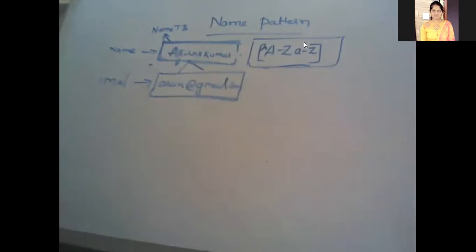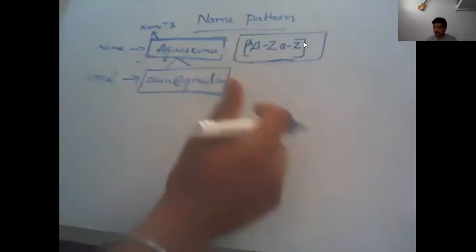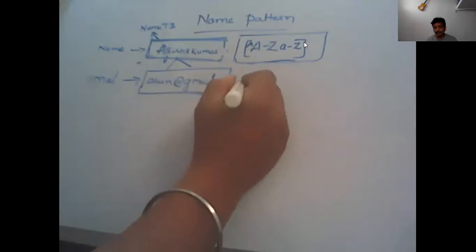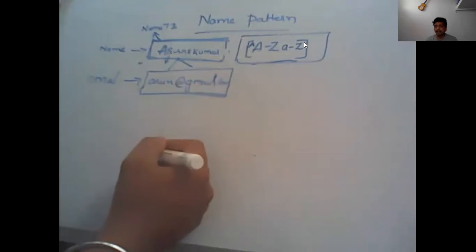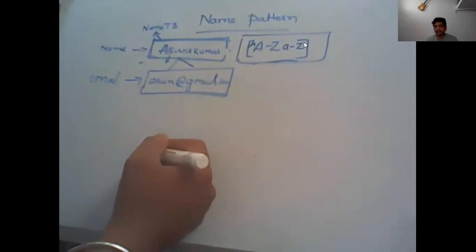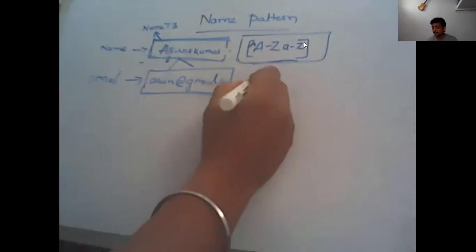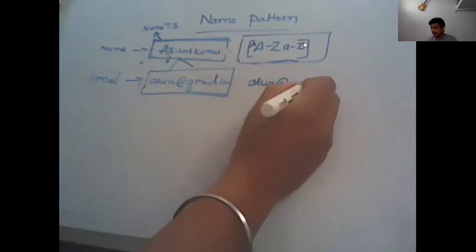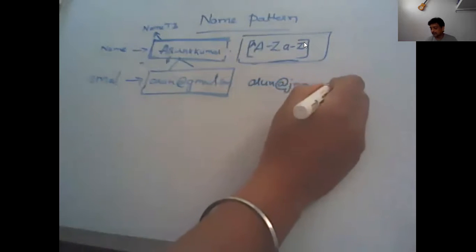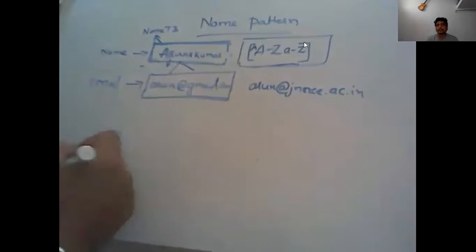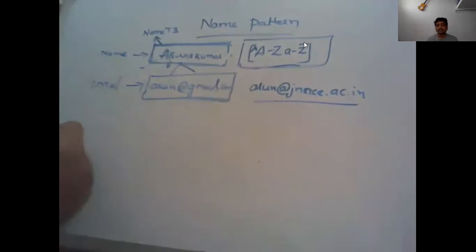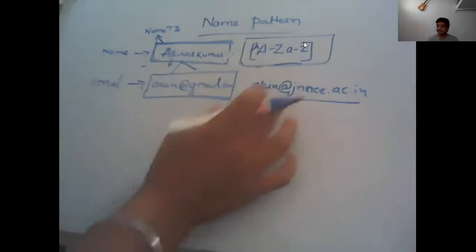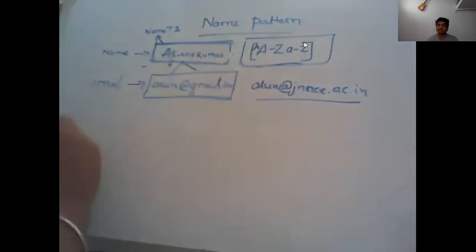Okay. First, let's make it very easy. It should accept only the email ID of JNNC students or faculty. JNNC students or faculty have an email ID like this, jnnc.ac.in. This is the pattern of JNNC students' or staff's email IDs.